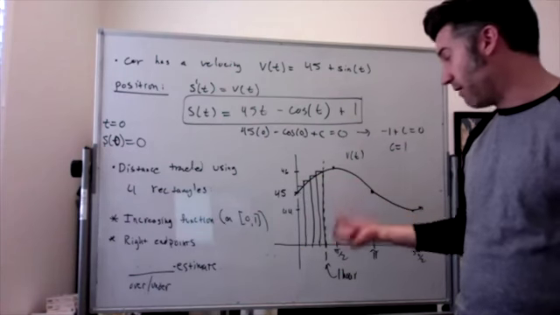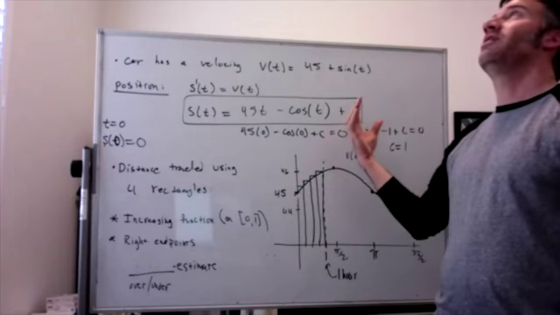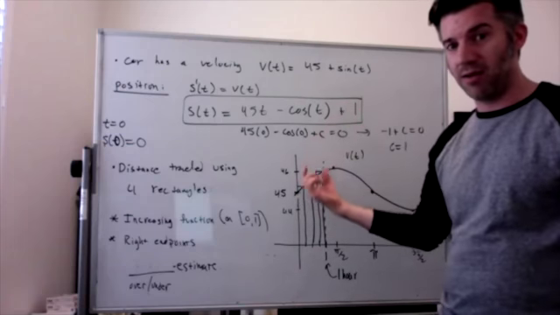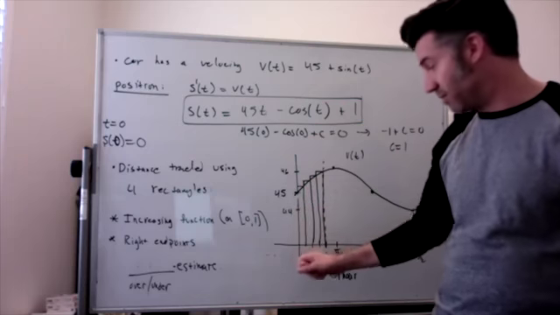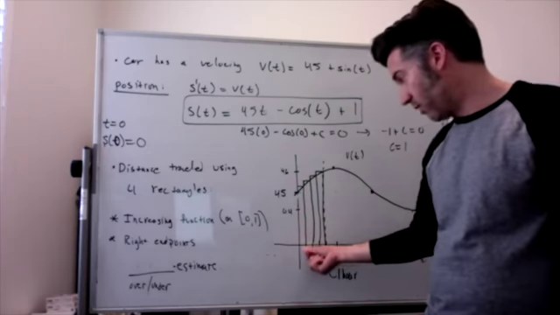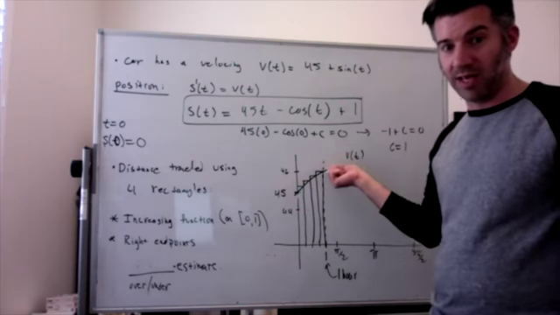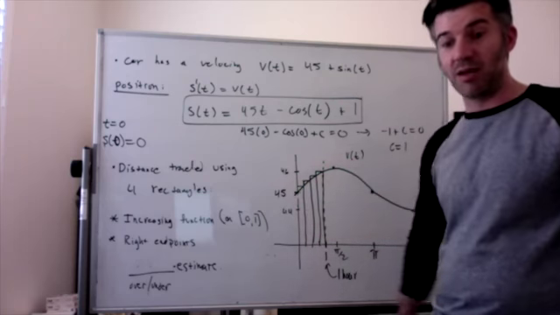That means every rectangle's area is going to be an overestimate if we're using right endpoints, and we are. If we use the right endpoint, we're using the biggest point in that interval, so it's an overestimate. So is every rectangle in this interval, so the whole thing is going to be an overestimate.